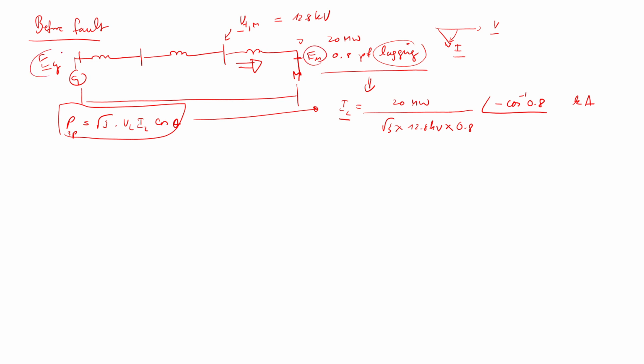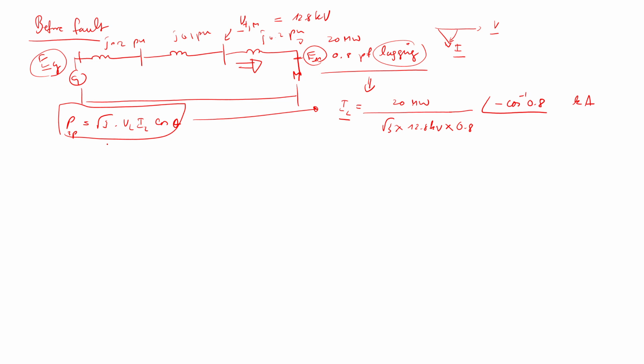In order to find these two, you have to work in per unit because this is j0.2 per unit, j0.1 per unit, and this is j0.2 per unit. So you have to work everything in per unit, right? So you need to change this IL to be in per unit.